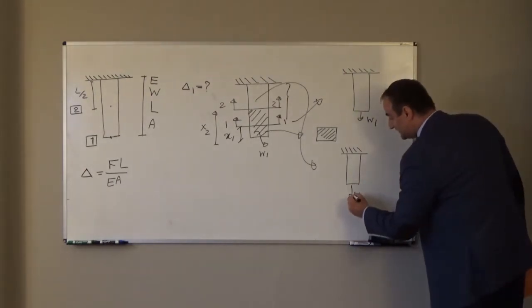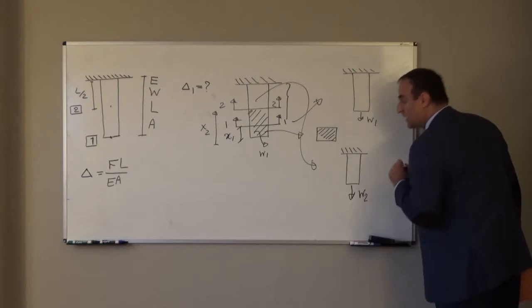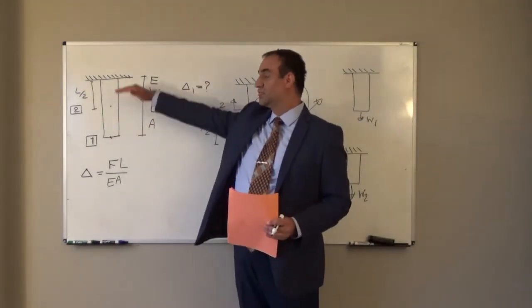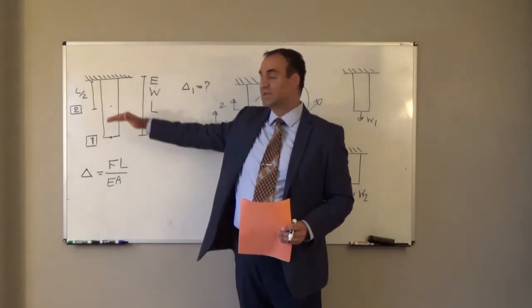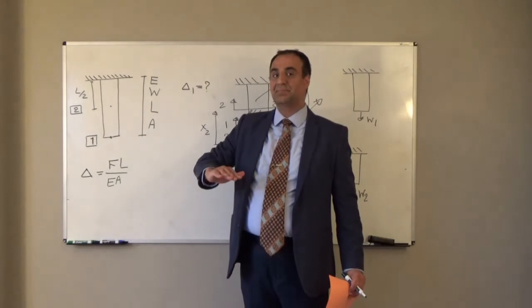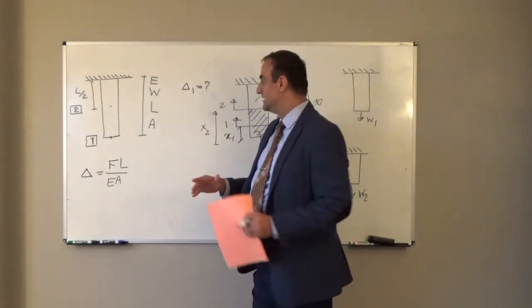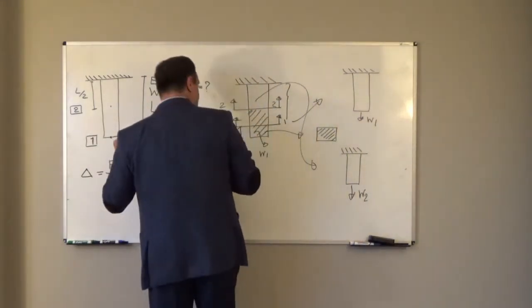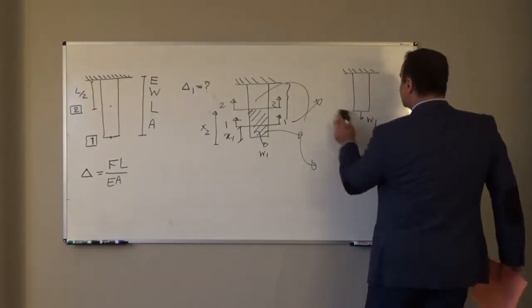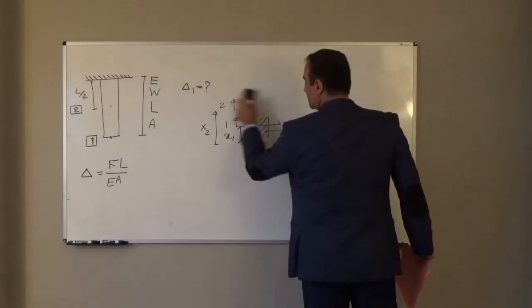So here we have weight W2. From free end to the support, weight step by step will increase. In the beginning, if I cut very close to the free end, that weight is close to zero.